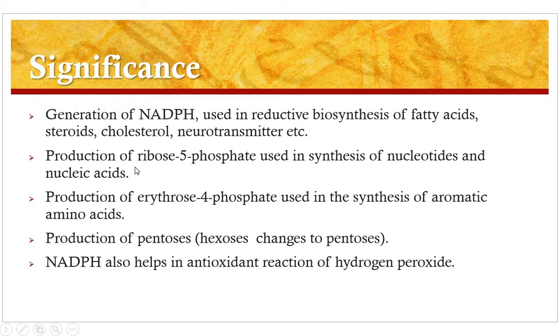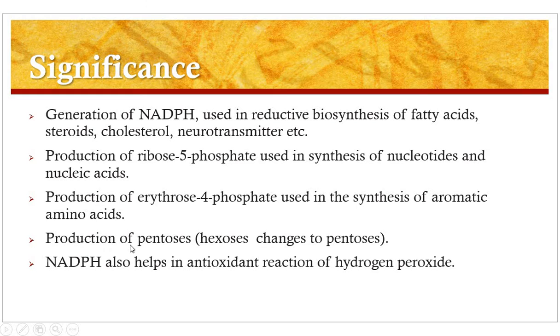The pathway helps in the production of ribose 5-phosphate, which is used in the synthesis of nucleotides and nucleic acids, and we all know that nucleic acids are very important for our survival. The next important significance is the production of erythrose 4-phosphate, which is used in the synthesis of aromatic amino acids in our body.